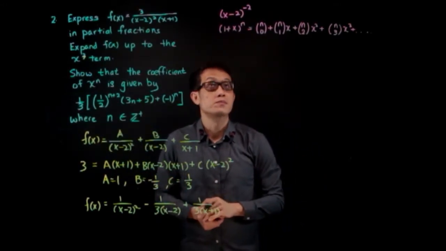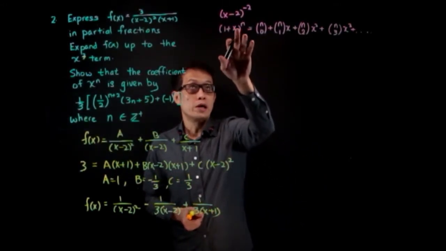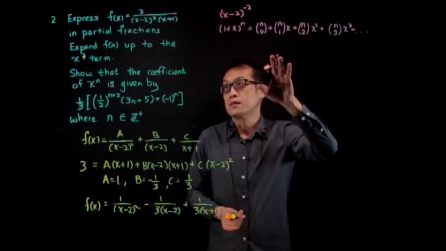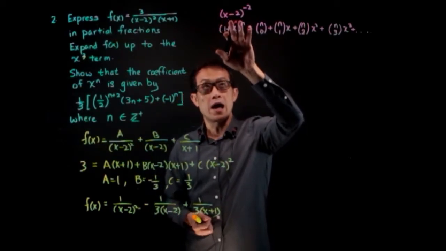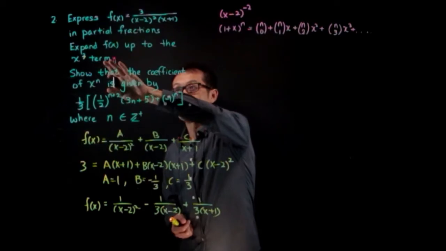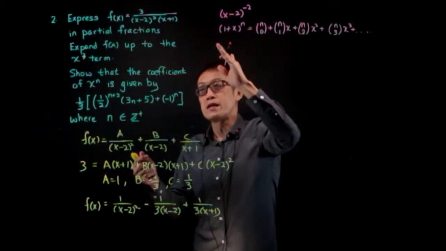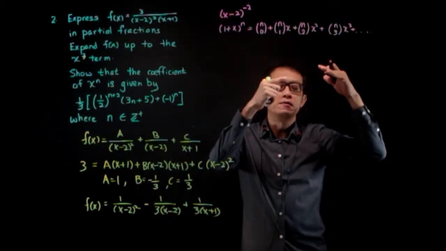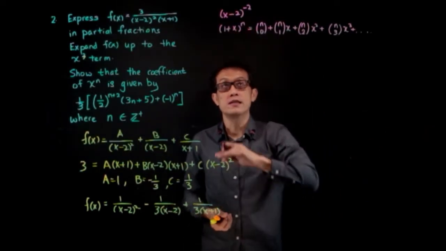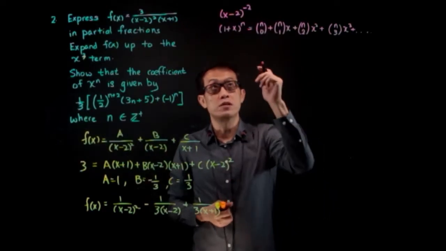Now, we must make sure that this expansion is in ascending powers of x. How to make sure of that?